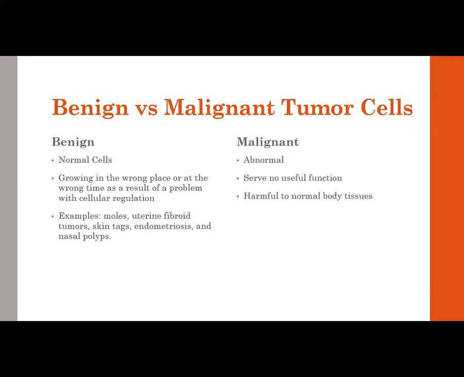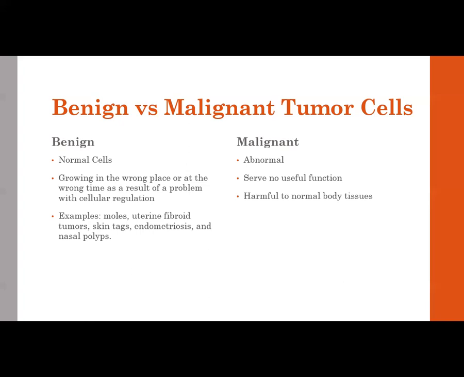They're cells that are growing in the wrong place or at the wrong time as a result of a problem with cellular regulation. Some examples can be things like moles, skin tags, endometriosis, polyps, all these kinds of things that, while they cause irritation, it's not like they're spreading. They're within that normal cellular area.